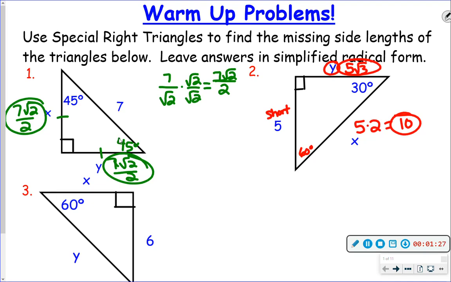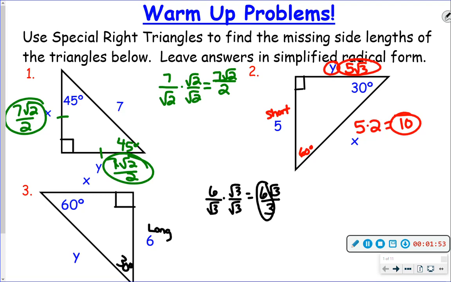All right, number 3, another 30, 60, 90. But this time they give you the side opposite the 60, the long side. So for us to get the short side, because it's all about the short side, I'm going to have to take 6 and divide it by square root of 3. I have to go backwards, obviously, and rationalize. So I have 6 square roots of 3 over 3, and then I'm going to reduce 6 over 3.